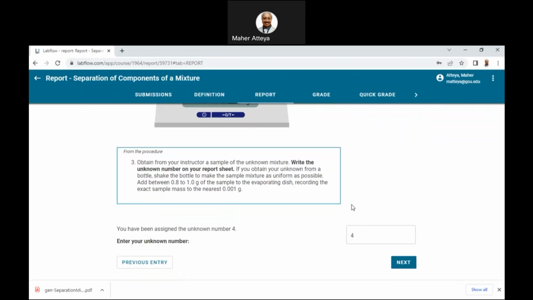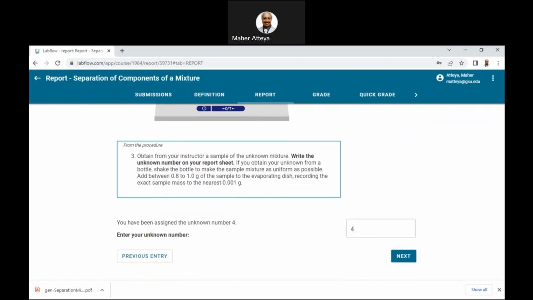Take a snapshot of this. It says you have to enter the unknown number. This is 4. It's not good. We have to take the arrow out.